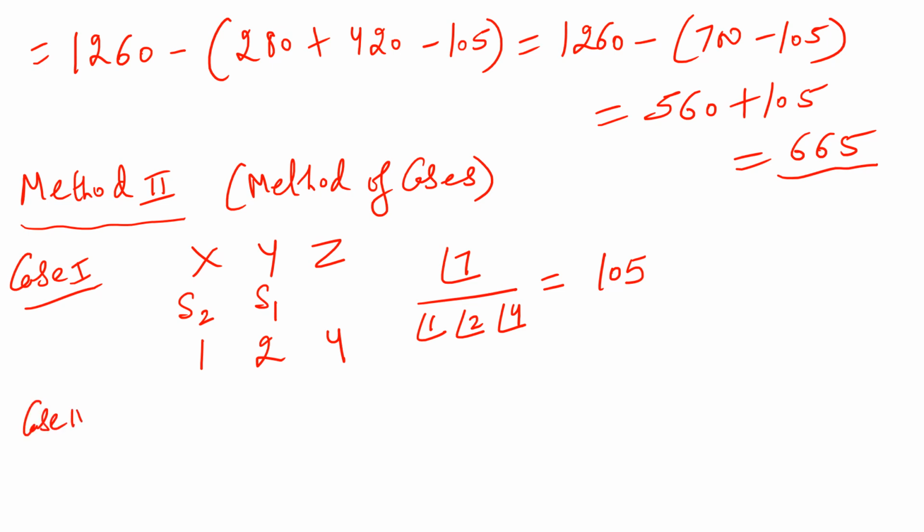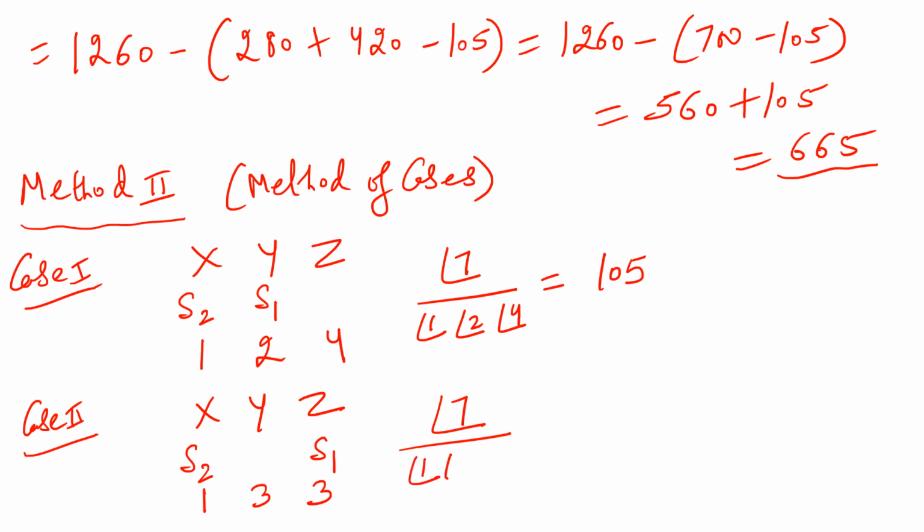Now let's list the second case. In this particular case, S2 belongs to team X and S1 belongs to team Z. Now X requires 1 more student, Y requires 3 students, and Z requires 3 students. So this distribution can be done in 7 factorial upon 1 factorial, 3 factorial, 3 factorial.